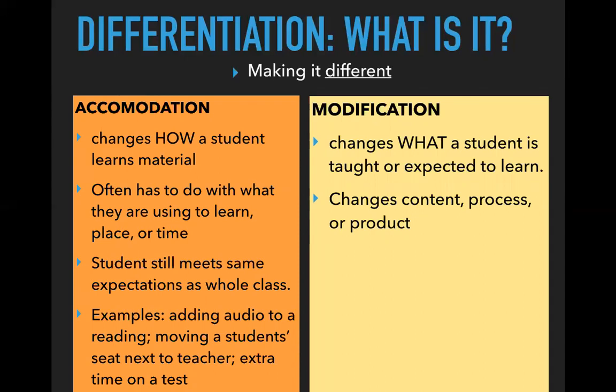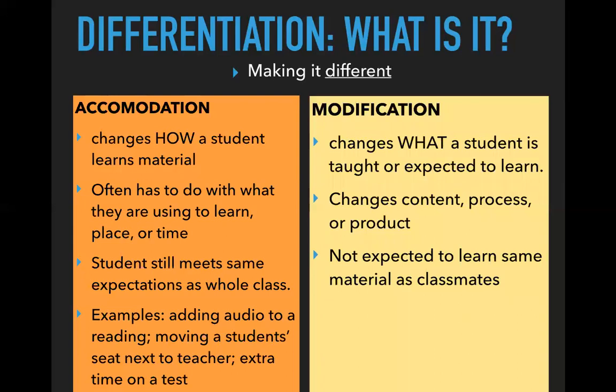Maybe they're only going to write a 3-paragraph essay. So in that way, it changes the product, right? The process could also be different in terms of how they work on the assignment. So maybe some students will work in groups, but some students work better individually.